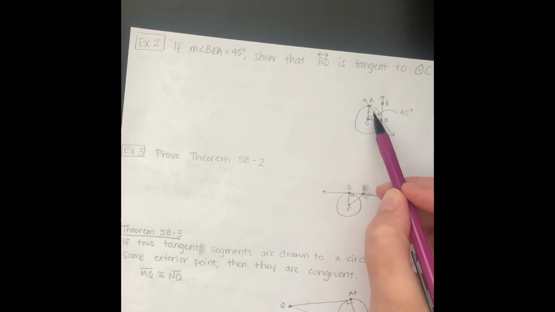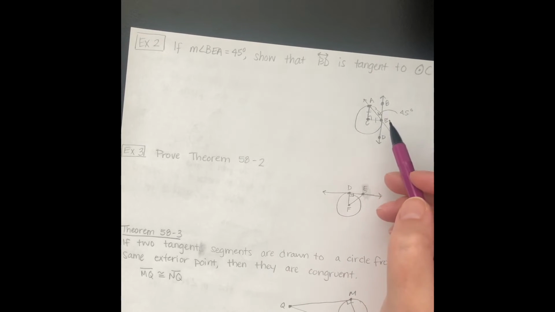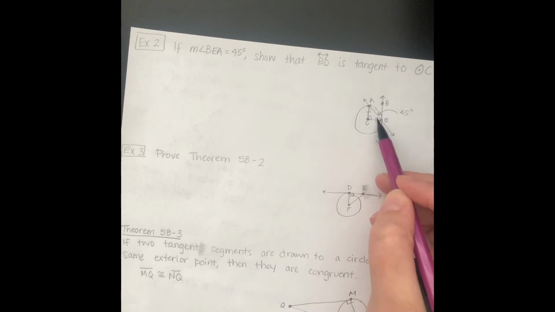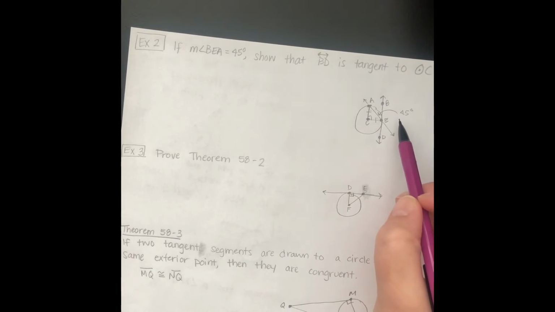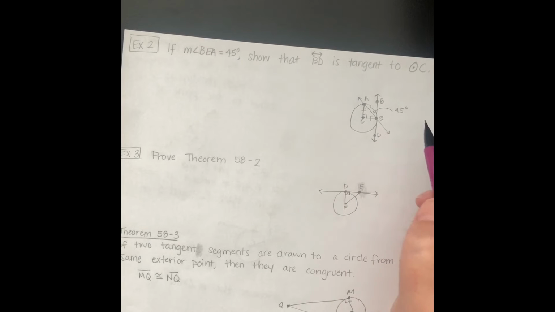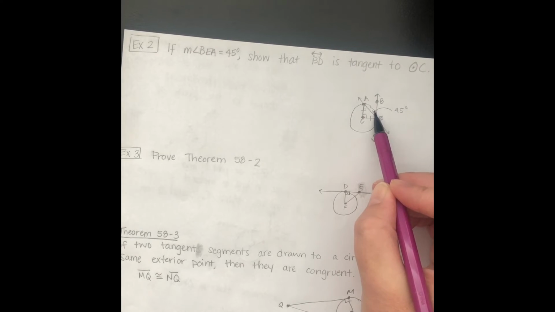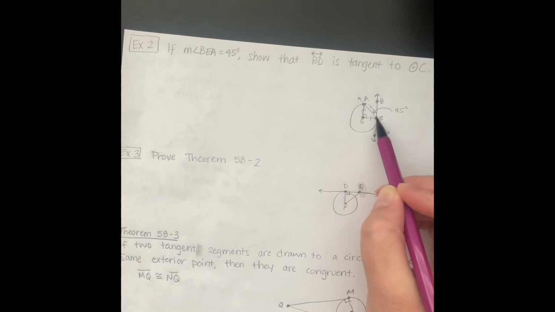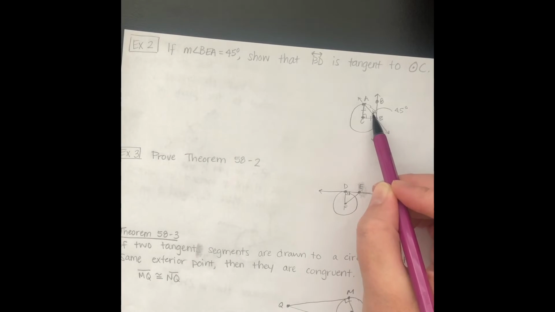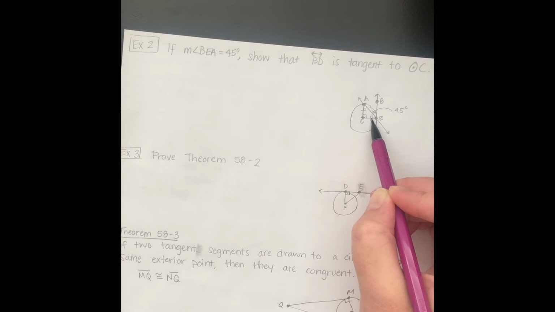Let's see if we can figure out what each of those are. If you've worked with reference triangles, you're going to know it's 45 degrees, but let's see if we can figure that out by what they gave us. They told us angle BEA is 45 degrees. Well, this guy and this guy are perpendicular. So that means that this whole angle right here, from here to here, is going to be 90 degrees.